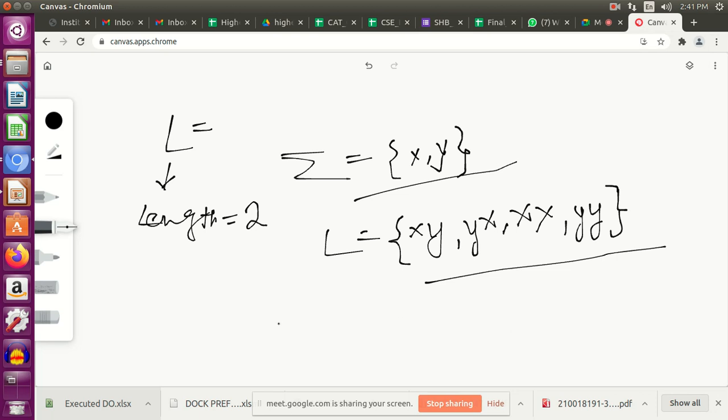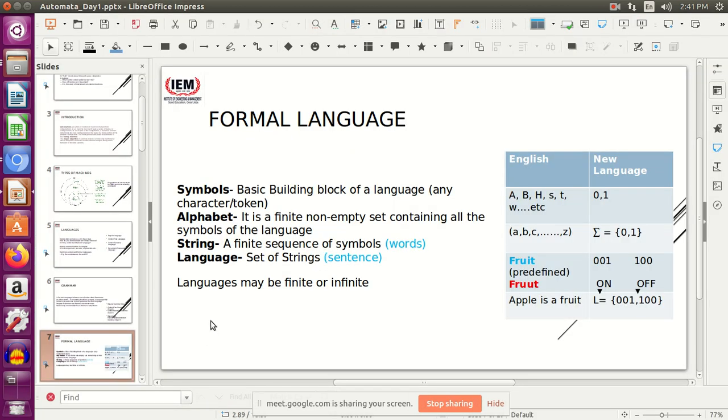Okay. Next factor about language is a language can be finite or a language can be infinite. So, if you ask a question that is a language always finite? Answer is no. A language can be finite, a language can be infinite as well. So, let me give you an example.